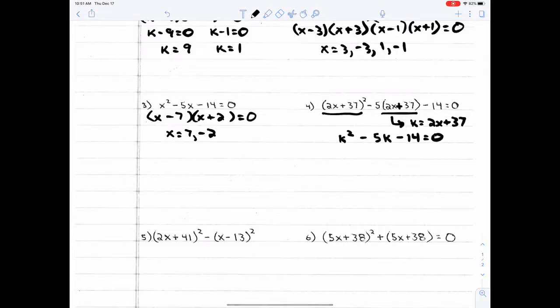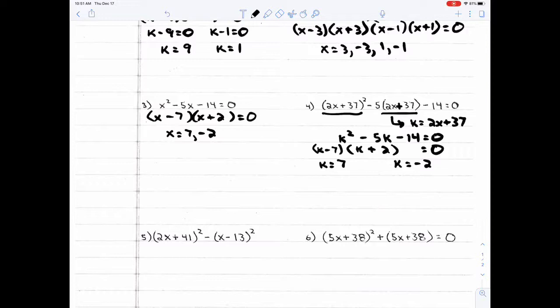And now let's factor it. If you notice, it's the same problem as number 3. So that's going to be k minus 7 times k plus 2 equals 0. Therefore, k equals 7 and k equals negative 2. Now, the problem is, don't stop there. I'm not asking for k. So what was the value of k?